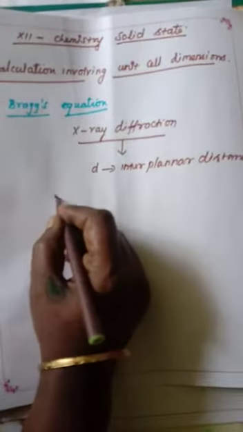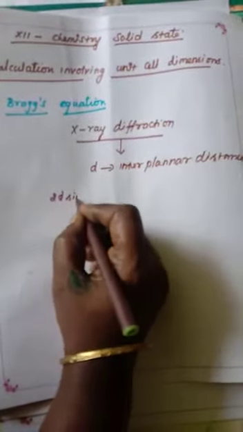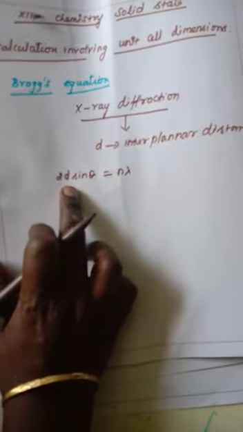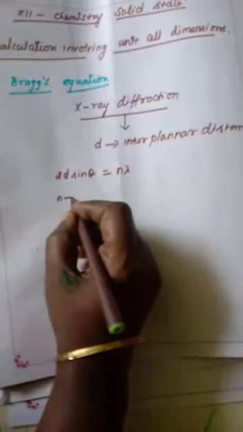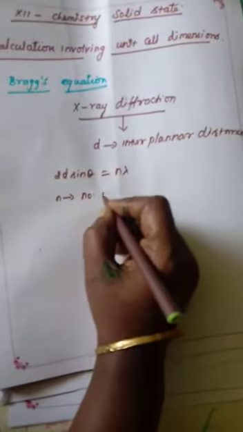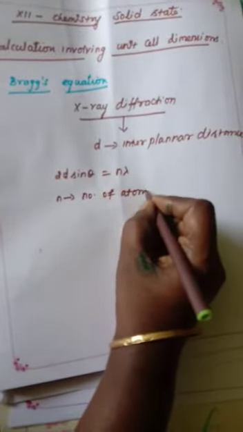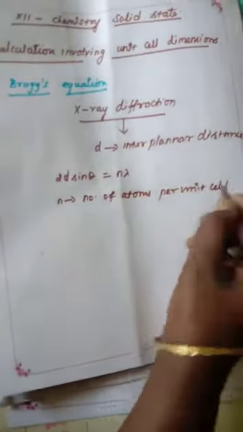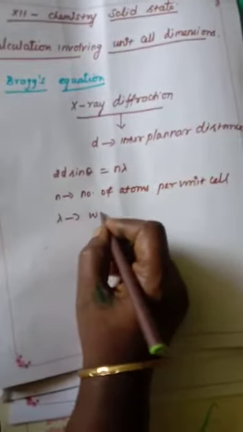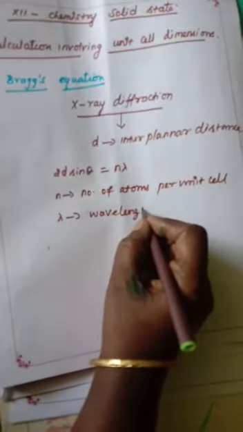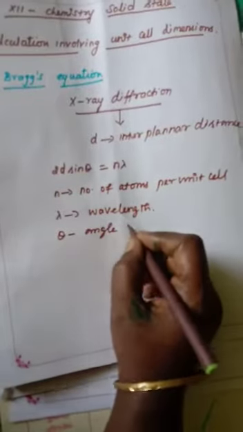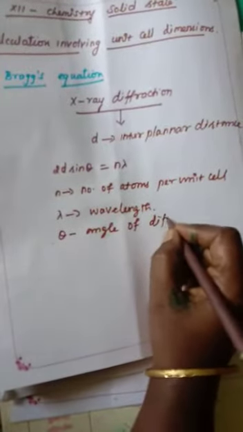The equation is 2d sin theta equal to n lambda. Here d is the interplanar distance, n is the order of diffraction, lambda is the wavelength, and theta is the angle of diffraction.